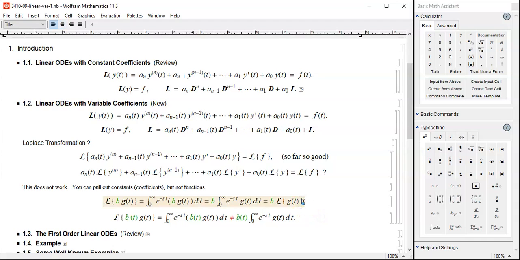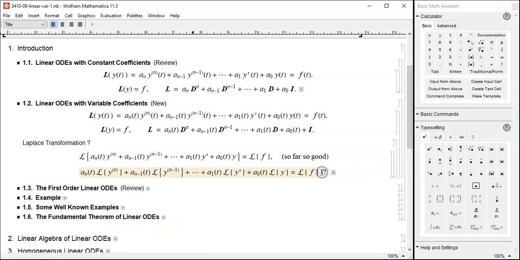So for a constant, we can always bring any constant coefficient, this b, outside of the integral like this. Now what if we have b of t? Can I bring it out like this? No, you can't, because this is an expression of t, and this whole integral is about integration by t. So it doesn't work.